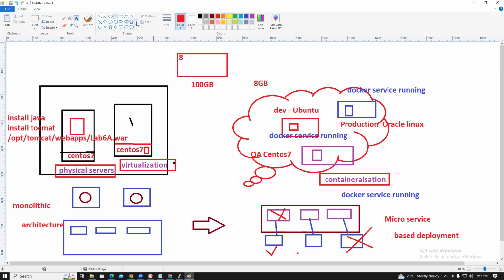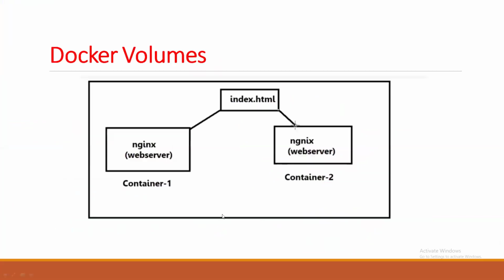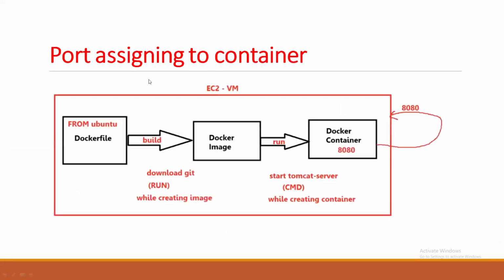You run a Docker container, and I want to create a volume and attach it to the container. I will show you how to attach volumes tomorrow, I think. Today is not possible. Docker volumes, so what is that, guys?